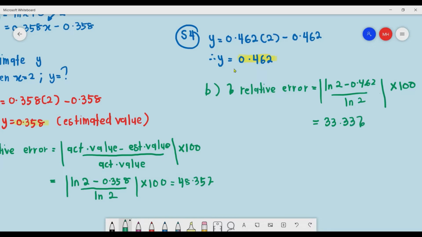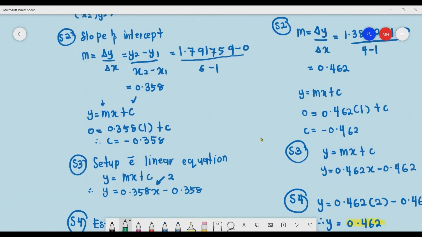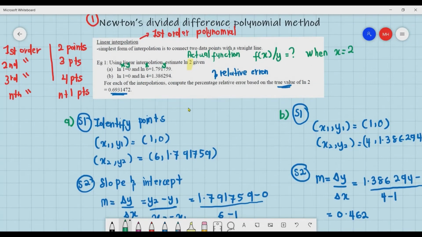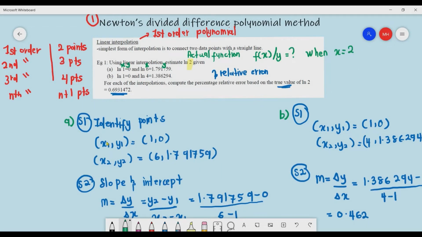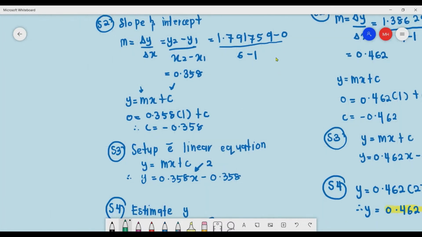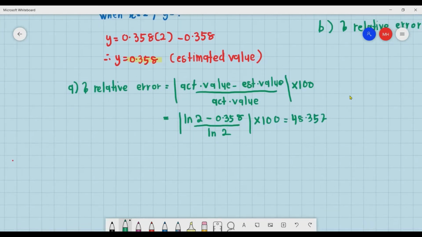So the answer here is 33.3%. What you can conclude here, as you notice, for A, x is from 1 to 6, and for B, x is from 1 to 4. Let's take a look at the relative error.